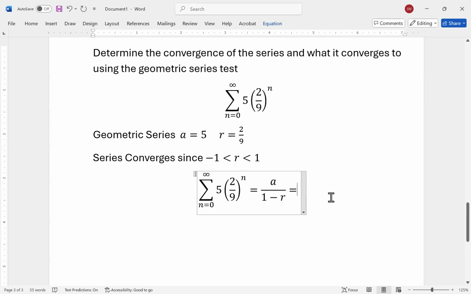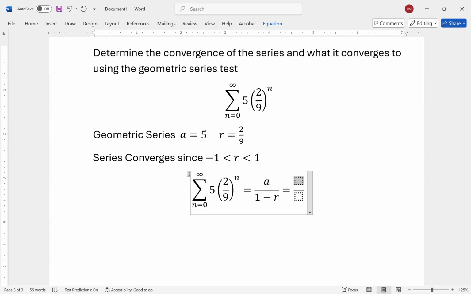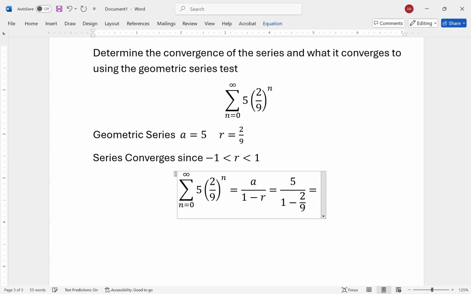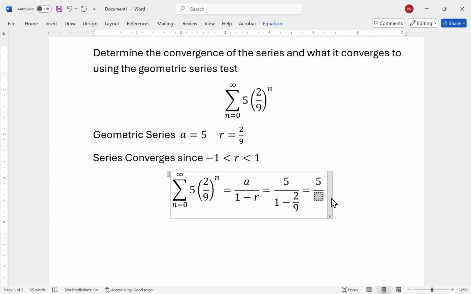So in this case, that's going to be 5 over 1 minus 2/9, which is equal to 5 over the fraction 7/9.